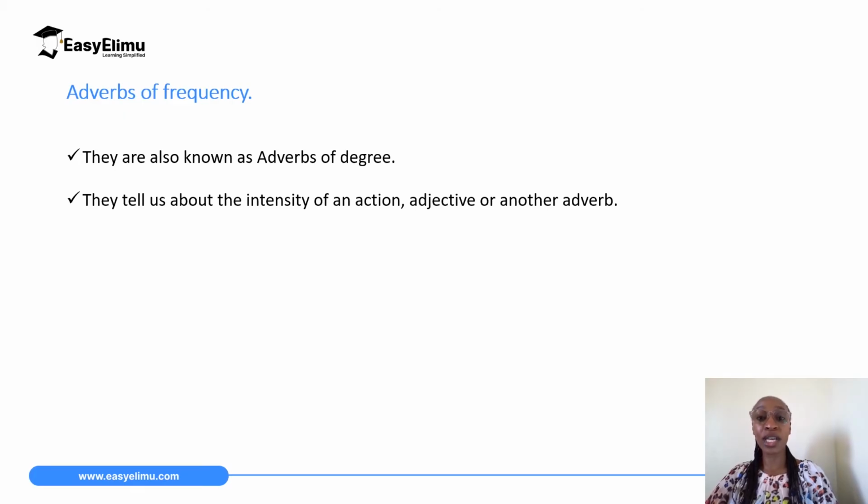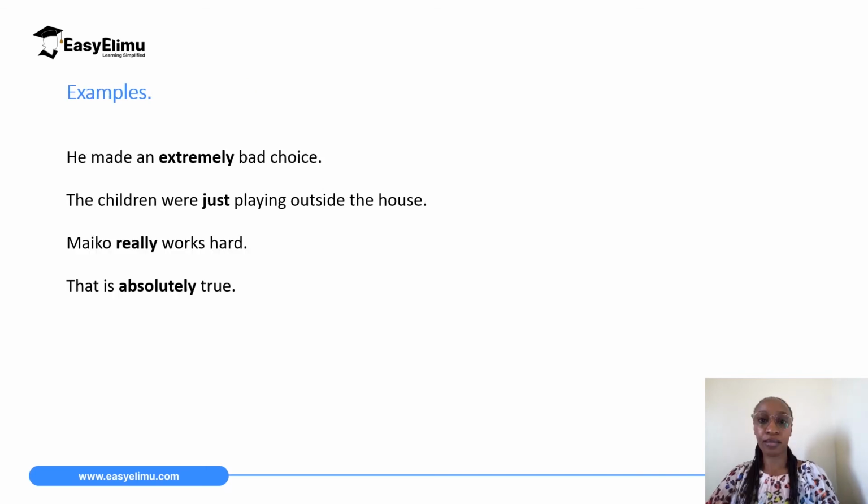So how intense was this action? How intense was it? The adverb that answers this question is known as an adverb of frequency or an adverb of degree. So let's have a look at some sentences and try to identify the adverbs of degree in these sentences.